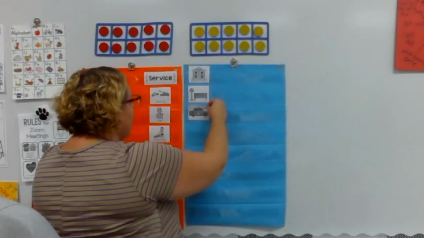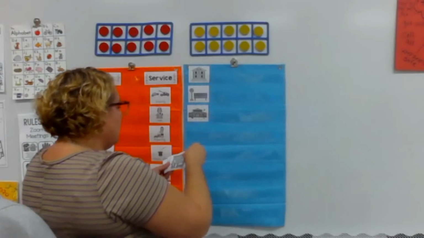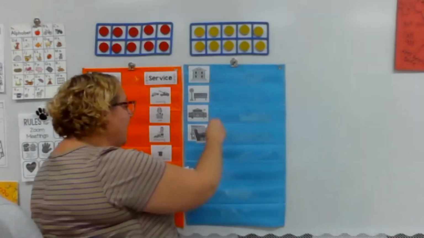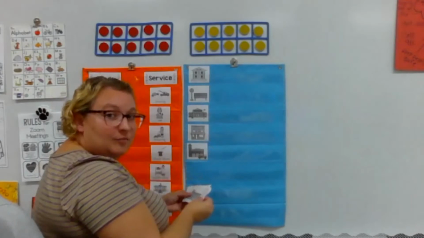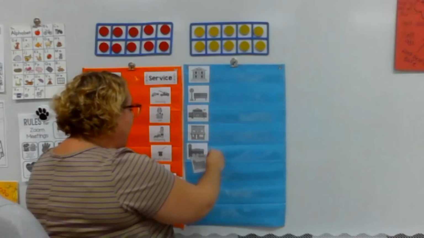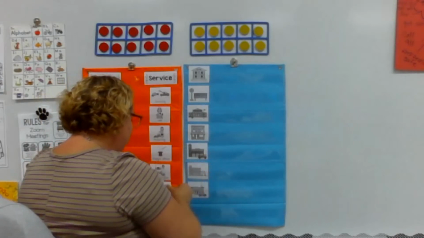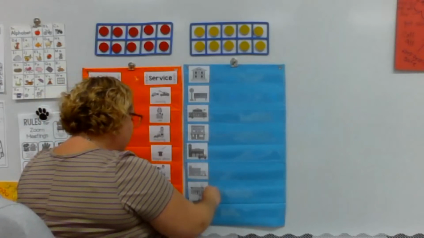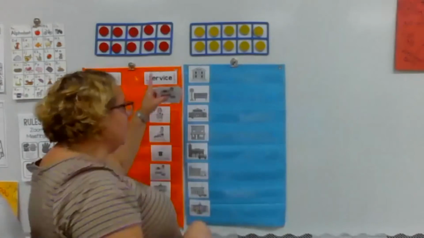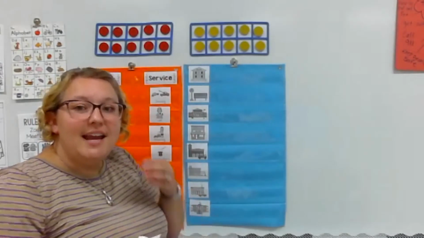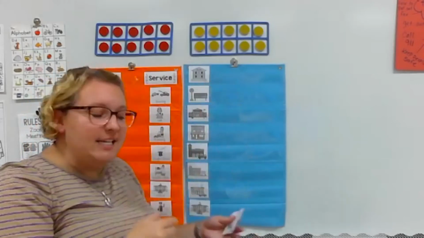We have a post office. We have a hair salon. We have a fire station. We have a hospital. We have a police station. And we have a school. So these are all different places that you can go to get a service. And we have to figure out what kind of people would be giving us our service in these places.